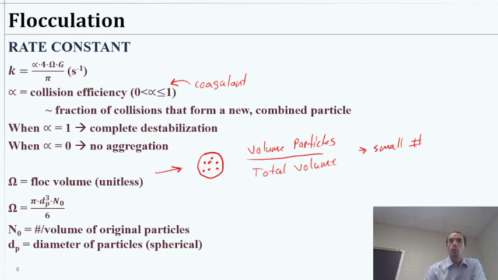So if we're working with something other than cubic meters, we have this diameter of particles, maybe that's in micrometers, and then we're working with liters of water, we just have to make sure we convert and get our units in line so that they cancel.